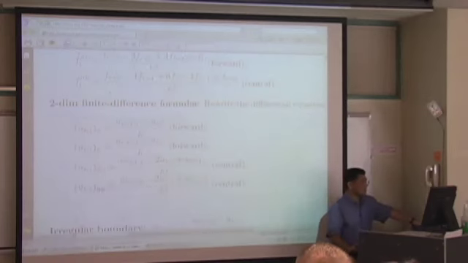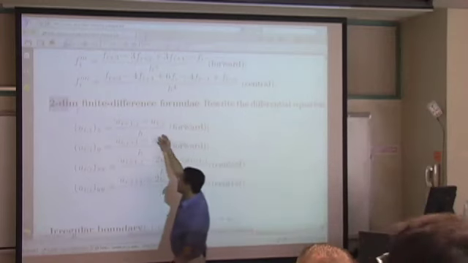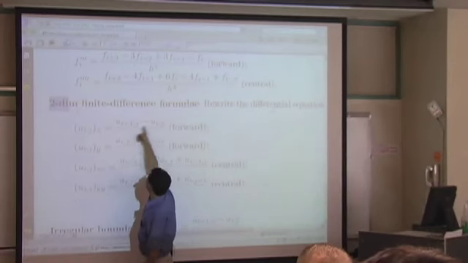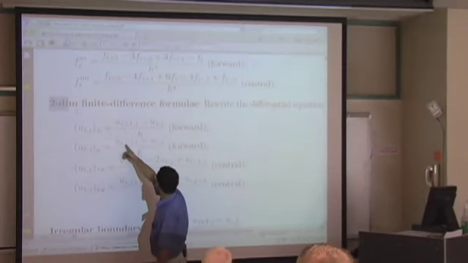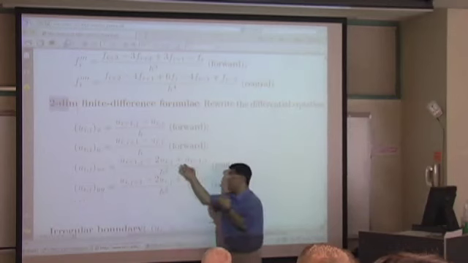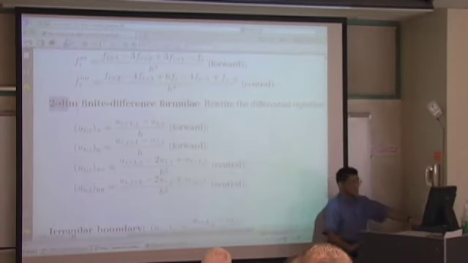And second order in two dimensions is possible. Then the partial derivative means we take the partial derivative with respect to x or y. In the x direction we advance forward, right, and we use forward in the y direction, or we do the central one in the x and y directions.